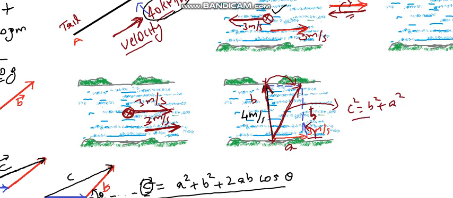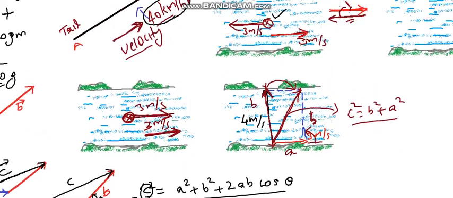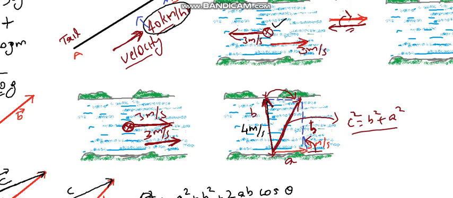This is simply the Pythagoras principle, so you can calculate the magnitude of this vector also.